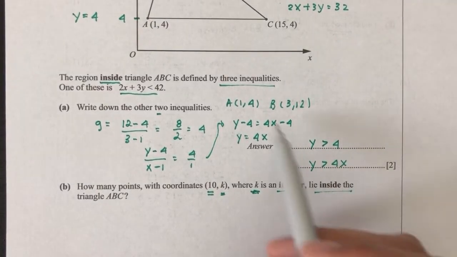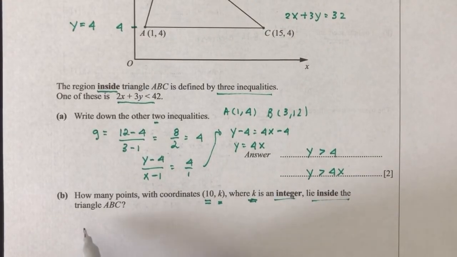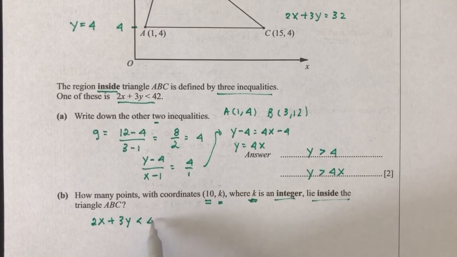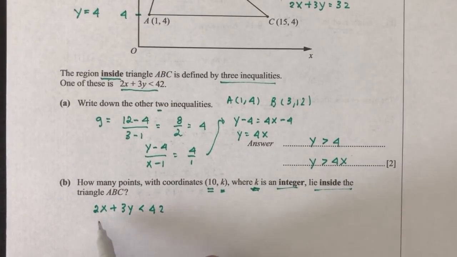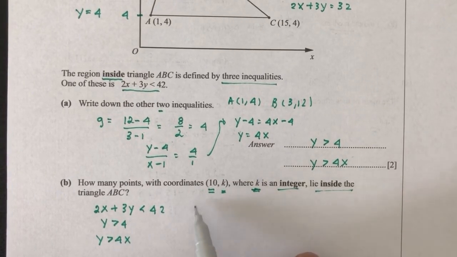So we have to use this inequality. The first one we have is 2x plus 3y is less than 42. Then we have y is bigger than 4 and we have y is bigger than 4x. Now we have this point which is 10k, which you know that this is x and this is y.